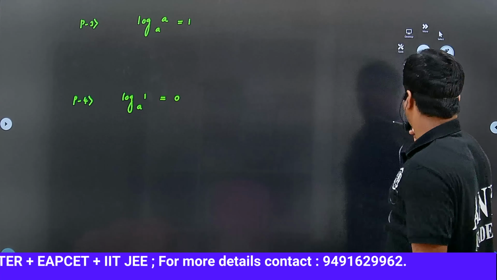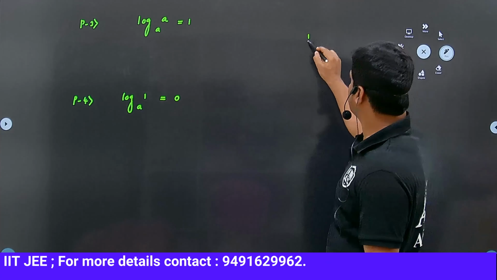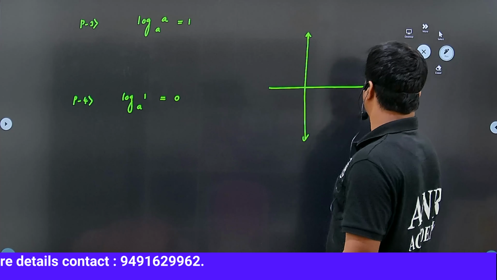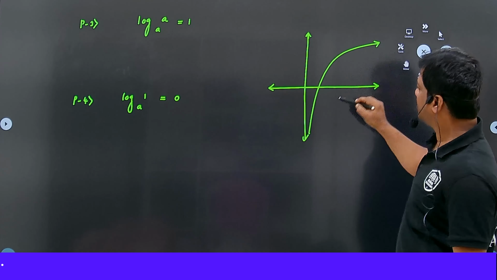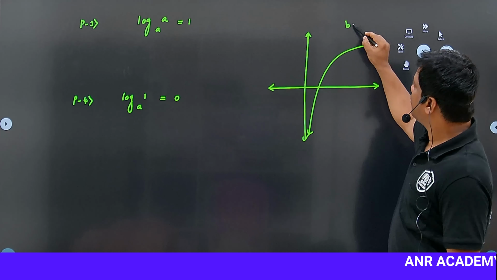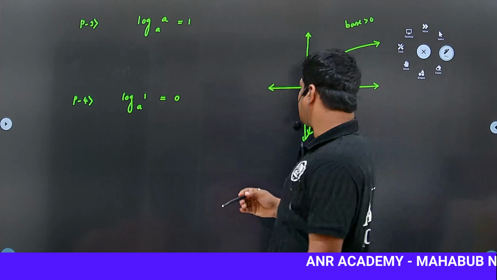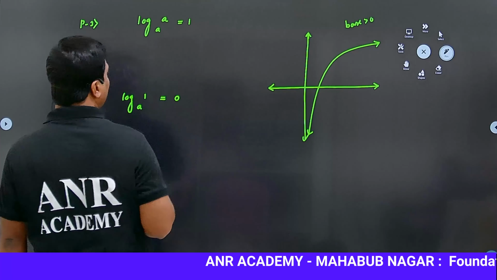See the graph of the logarithmic function. In case there are two graphs, this is the graph when the base value is more than 0. Suppose the base value is more than 0, this is the graph. Log a to the base a, value 1, given in the property.